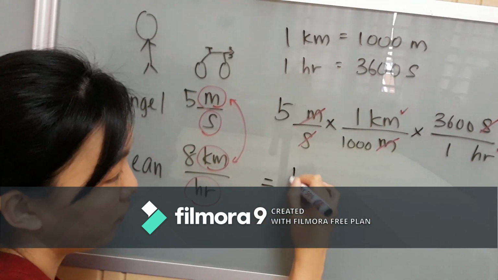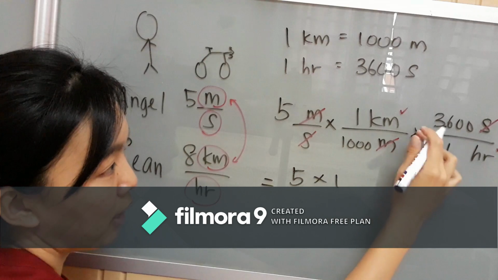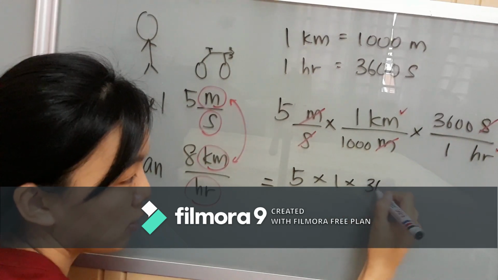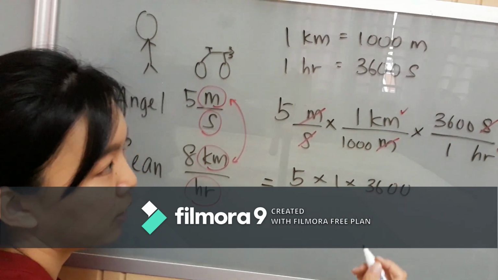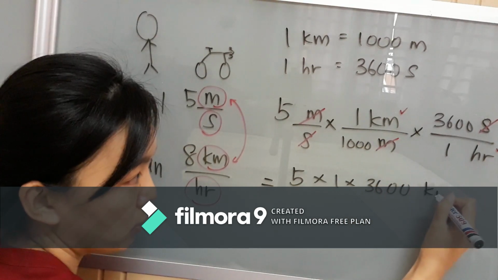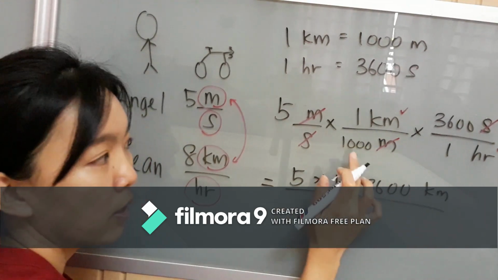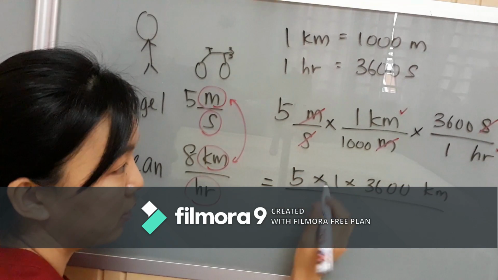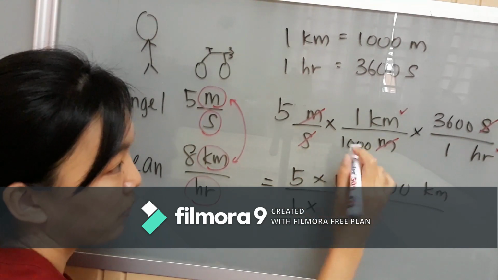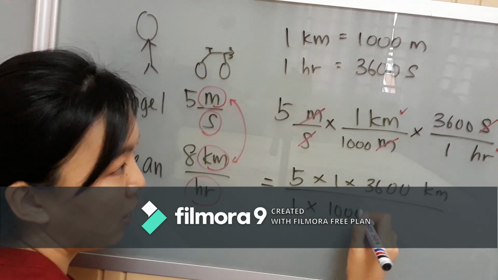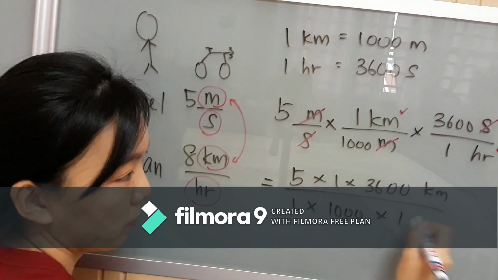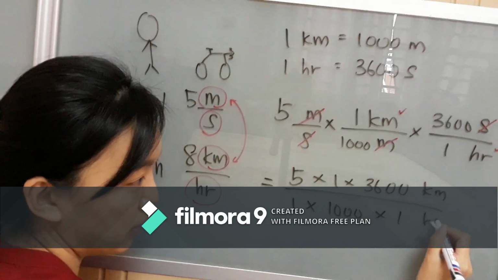Here we have 5 times 1 km times 3600 on top. At the bottom, 1000 times 1 hour.